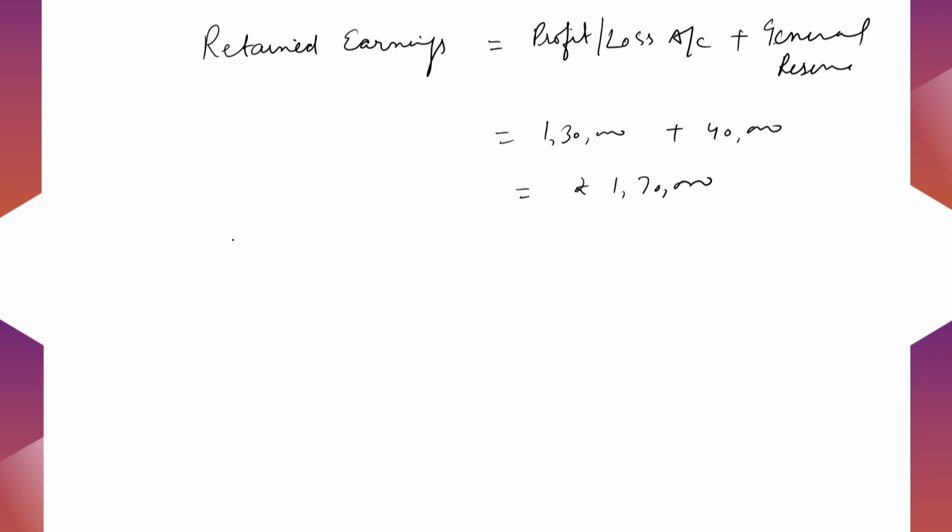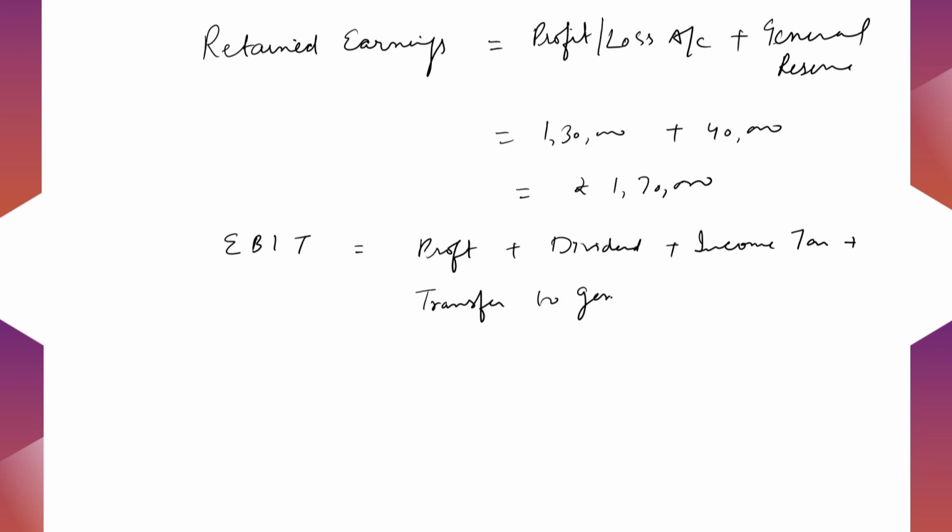Then we go for EBIT, earnings before interest and taxes, for which we take the profit, add the dividend, then add income tax and transfer to general reserve, plus the loss on the sale of plant as given in the additional information, and out of all these we deduct the profit on sale of machine.